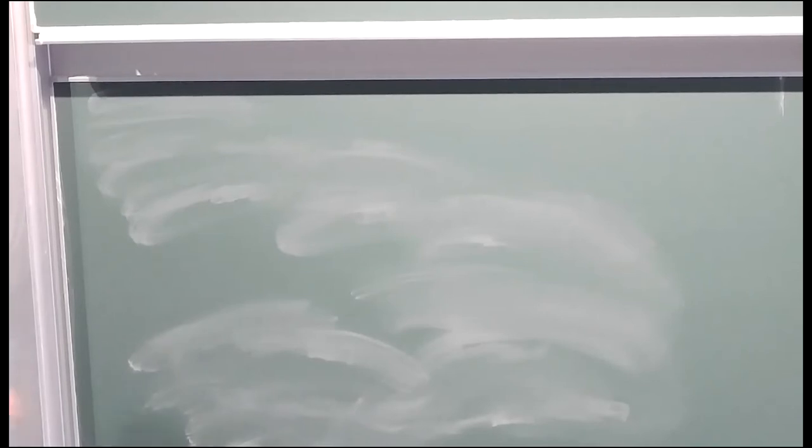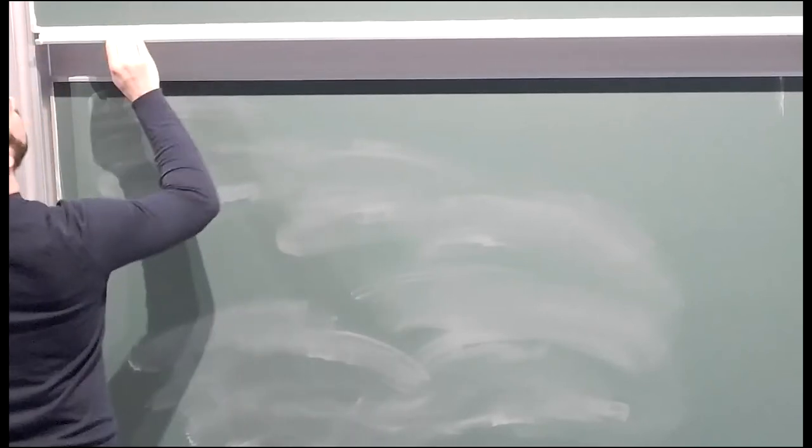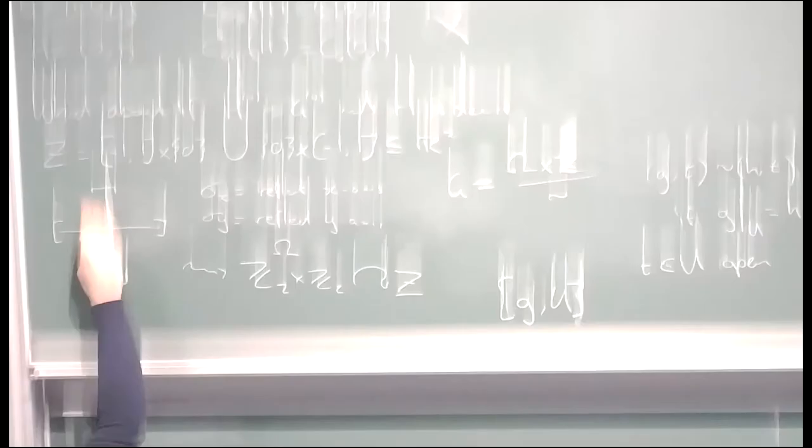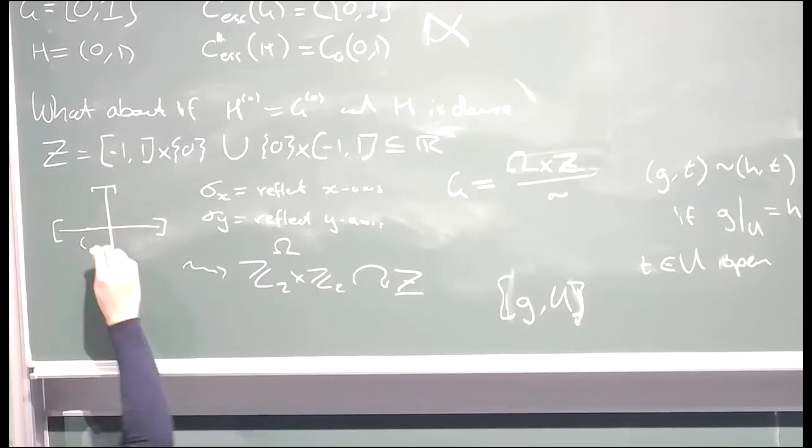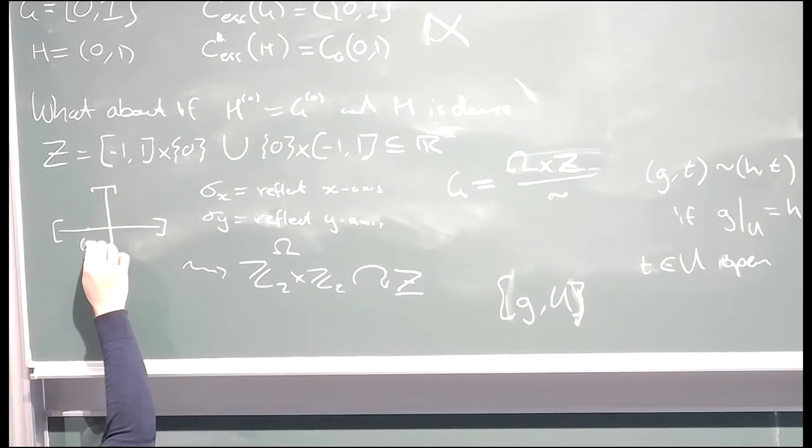If I pick a particular group element, say, if I'm at this point here, which is -1/2, 0, that's the coordinate, and I want to consider the germ of just any group element.